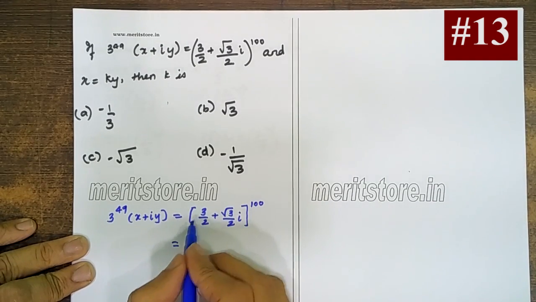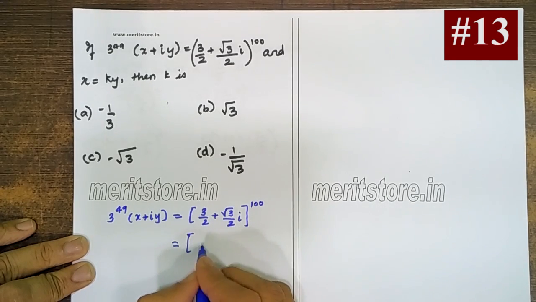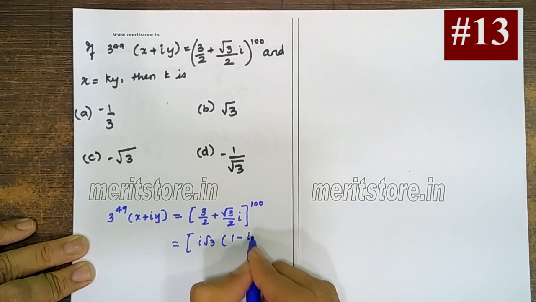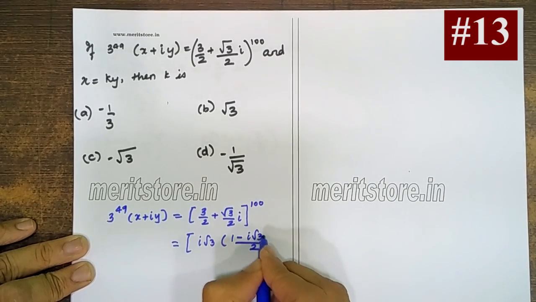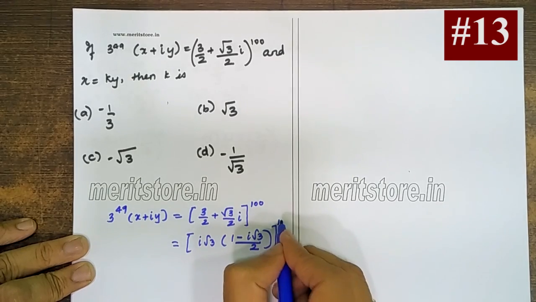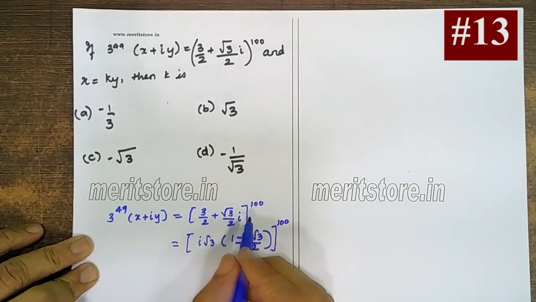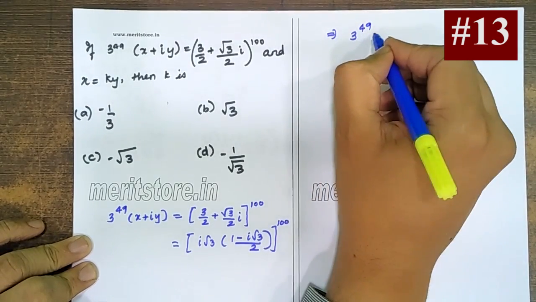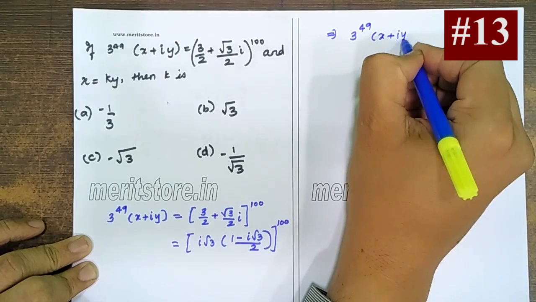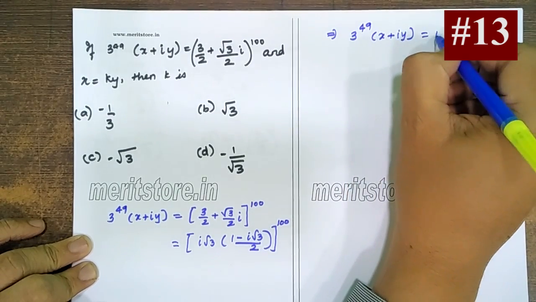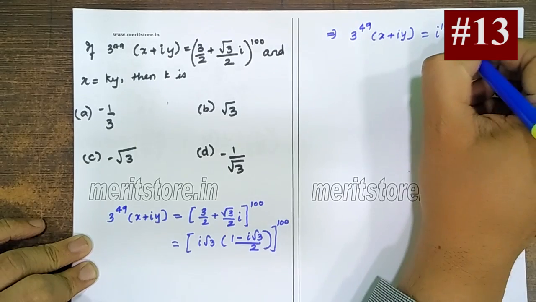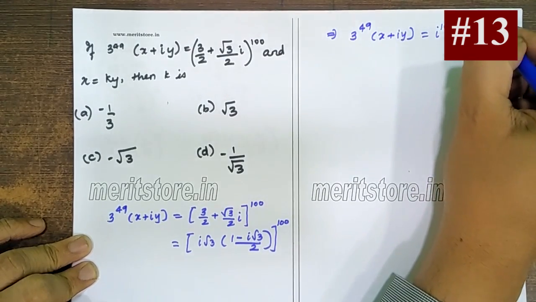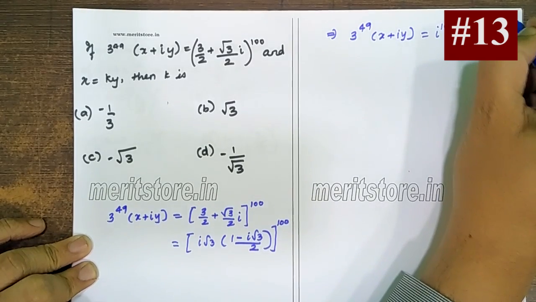Now here we will take I root 3 common from these two terms. So you will get 1 minus I root 3 upon 2 raised to 100. Now on simplifying this, you will get 3 raised to 49 x plus iy is equal to I raised to 100, 3 raised to 50 and minus omega raised to 100.